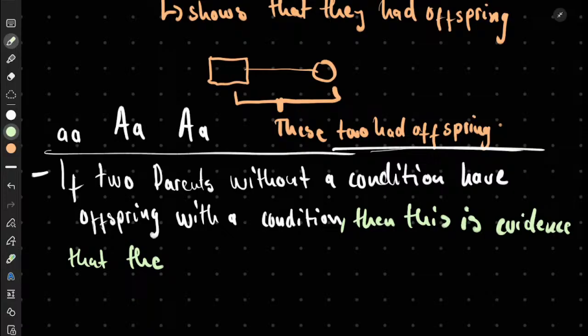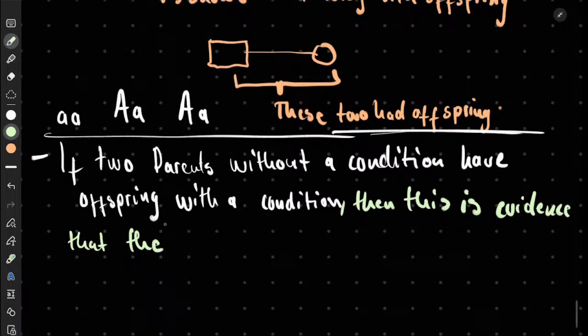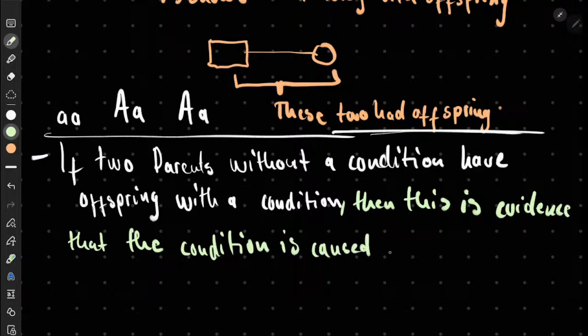Because the only way parents didn't have it but the child has it is that the parents were carriers. They had the recessive allele, and the recessive allele from papa met the recessive allele from mom, and it expressed in the child. So if they ask you to show evidence that the condition is caused by a recessive allele, here is the evidence. Are we together? By a recessive allele.